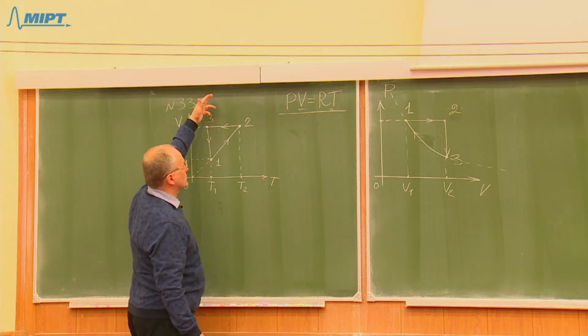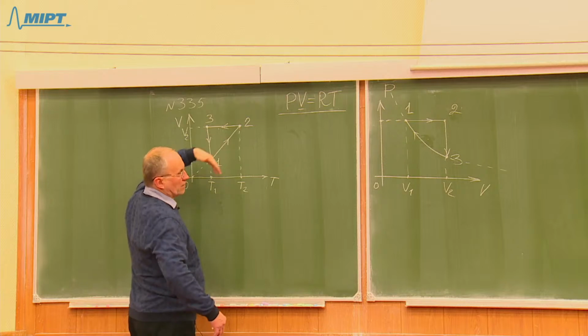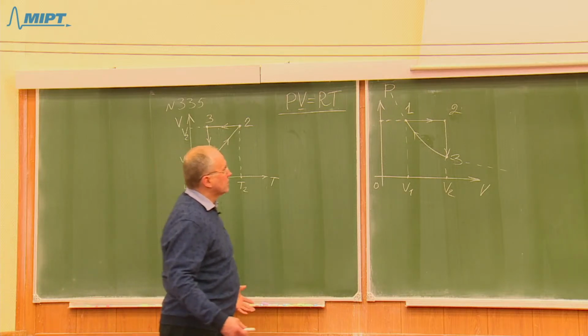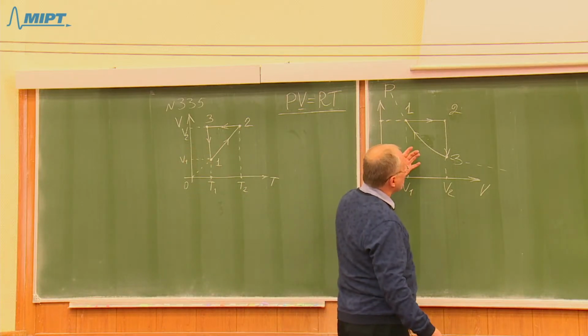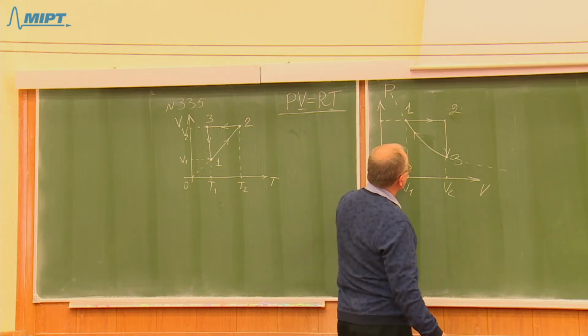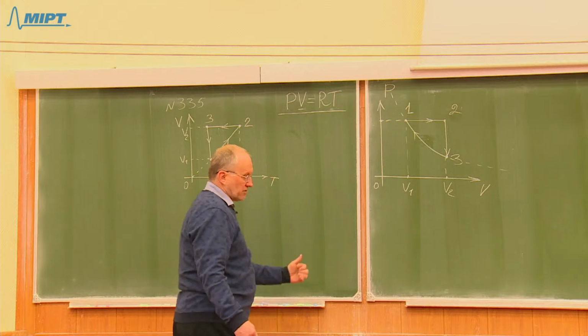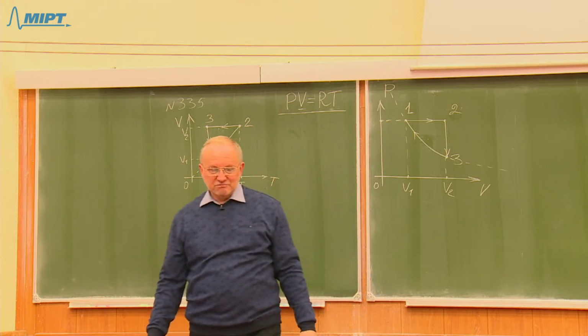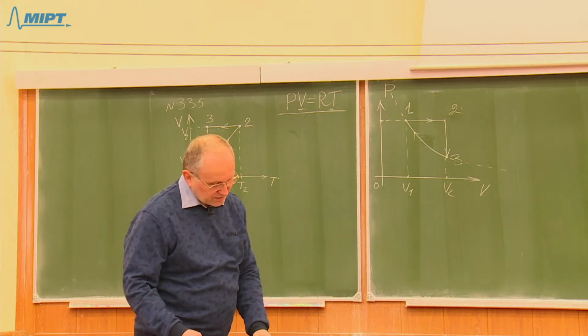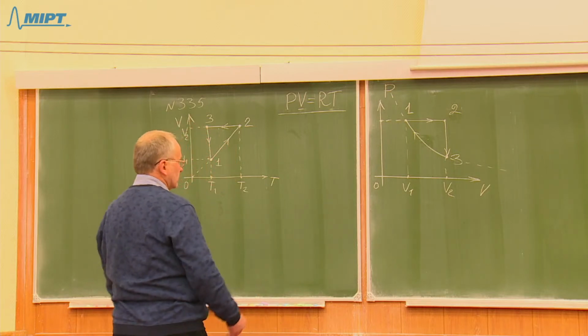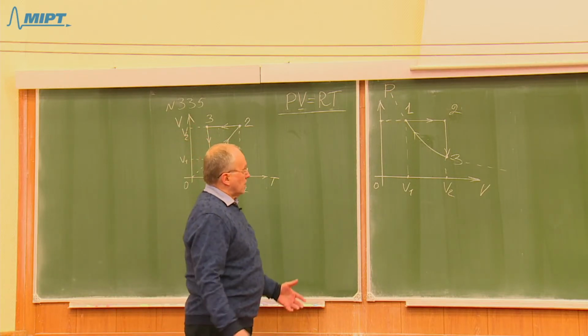The heat was transferred from the gas to the outside bodies. And we have to find where the heat energy was transferred to and from the gas, on which sections of this diagram. In order to answer this question, we have to consider heat energy and heat energy transfer.